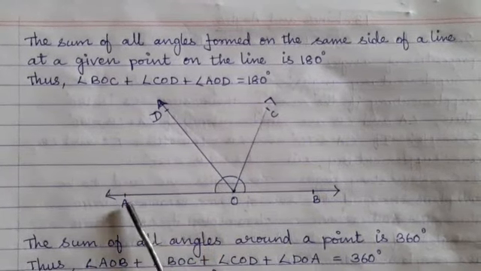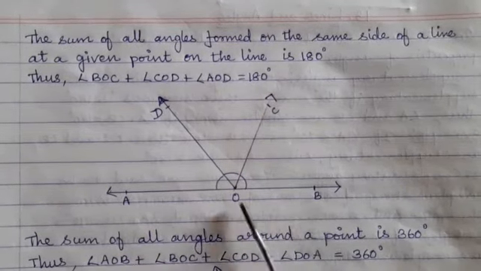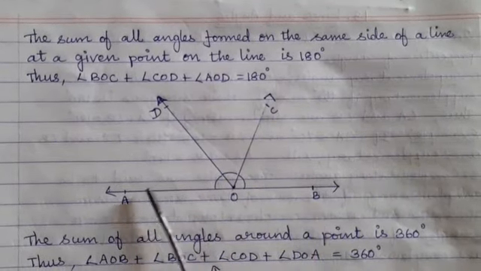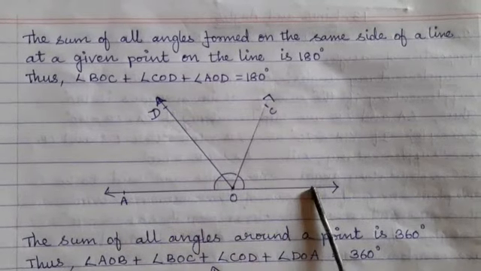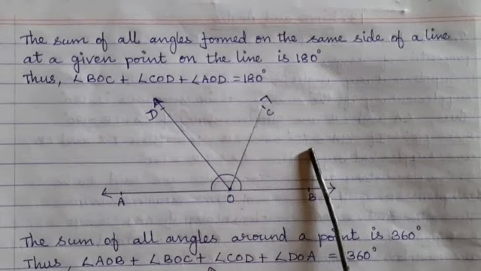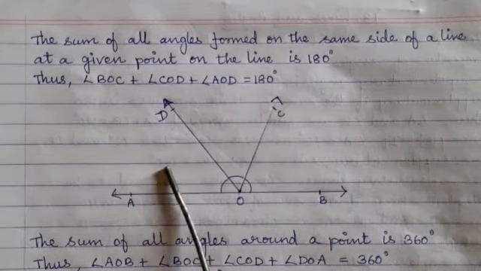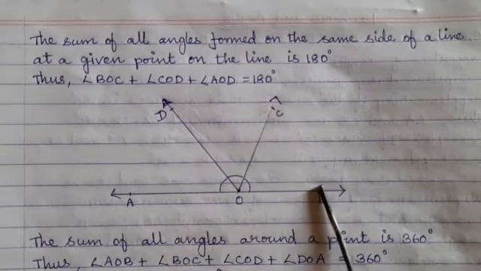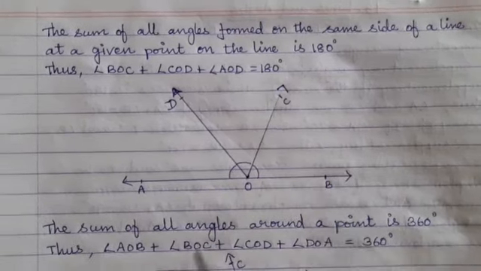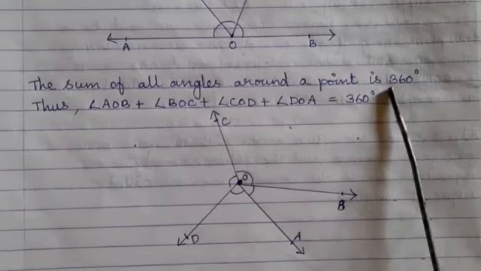So if you add angle AOD plus angle DOC plus angle BOC, the sum of the three angles is equal to 180 degrees. In a linear pair, only one ray stands on a line and forms two angles summing to 180 degrees. Here is one more condition: here there are three angles, and in some cases you will get four angles also. But all angles lying on the same side of the line have a sum equal to 180 degrees.